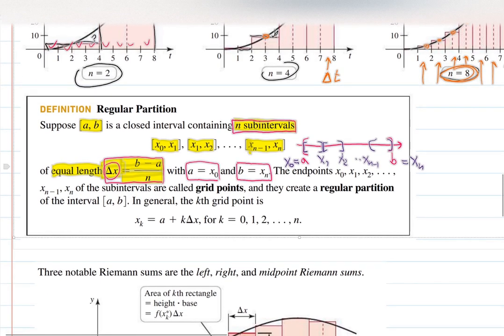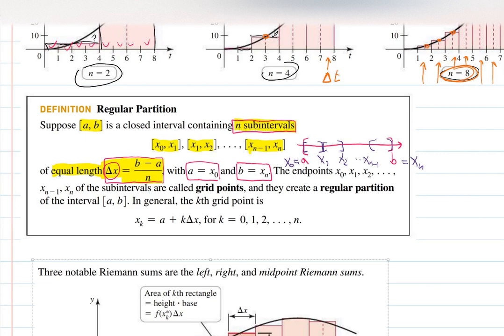Subintervals. Then, using these endpoints, x sub 0, x1, x2, xn, of the subintervals, these are called grid points, and they create a regular partition of the interval [a, b].